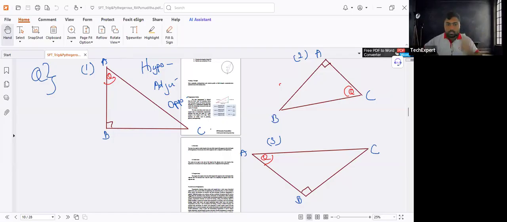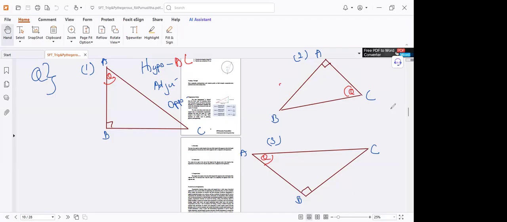Okay, then the hypotenuse is AC. Yes, that is AC. Then the adjacent side? No. Next, tell me the opposite side. BC. Yes, that is BC. How can you find the opposite side?